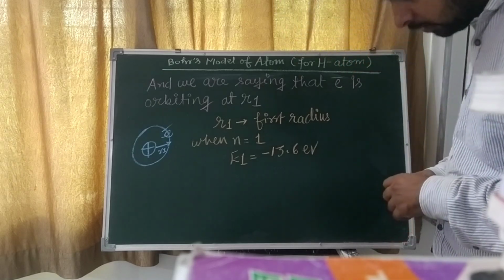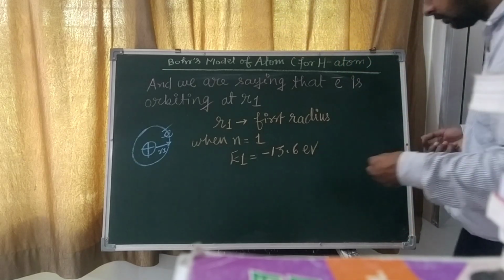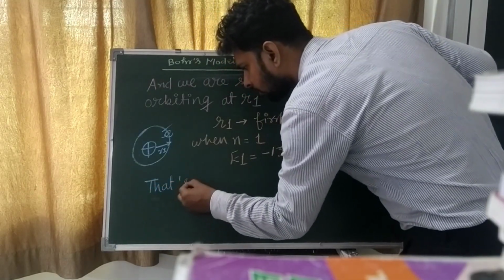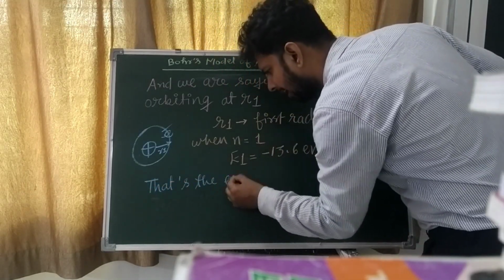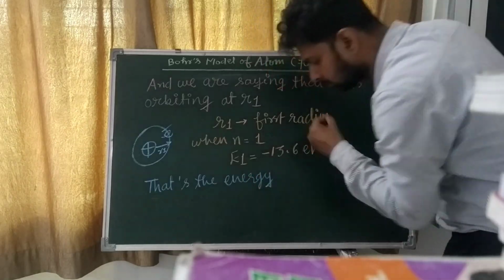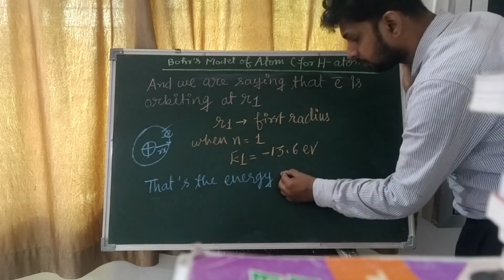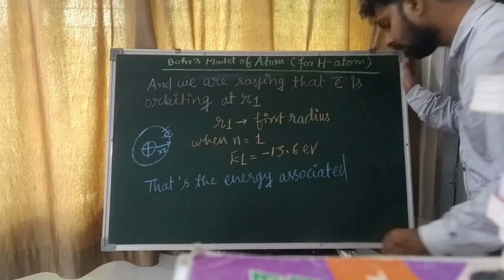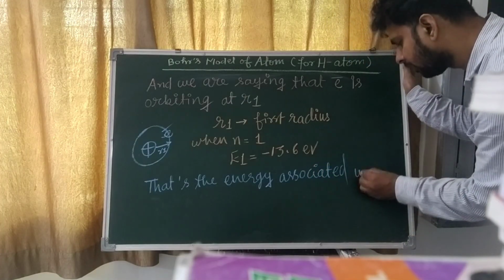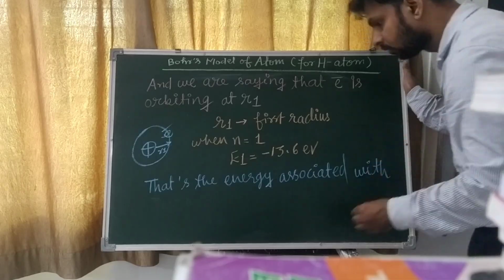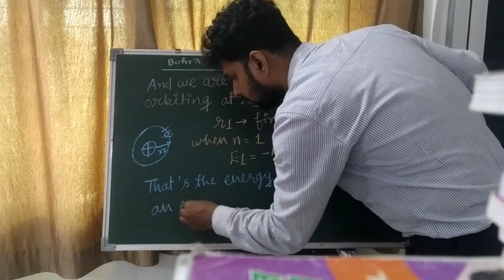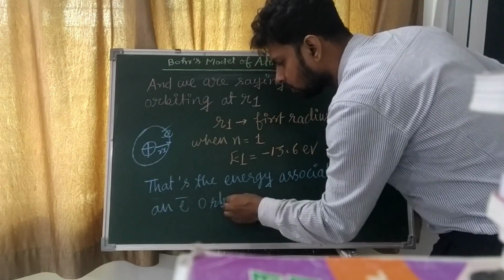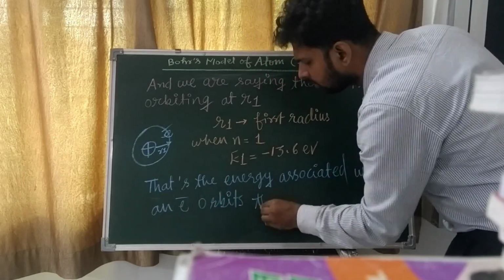That's the energy associated with an electron that orbits the nucleus.